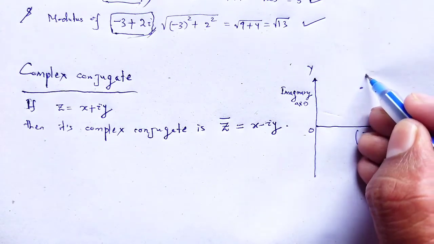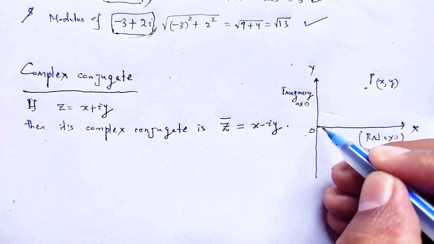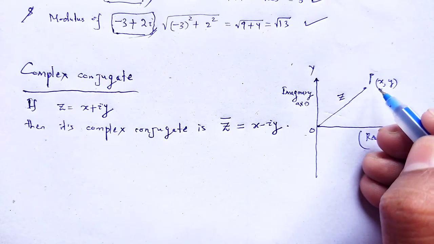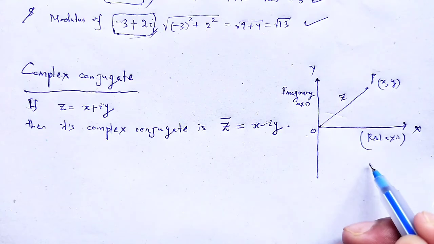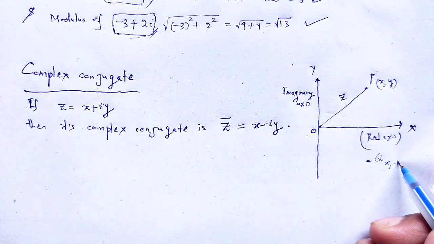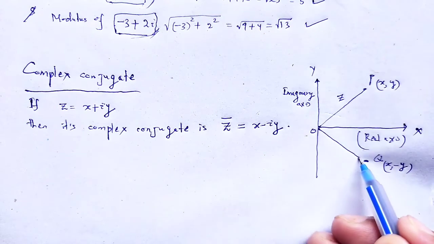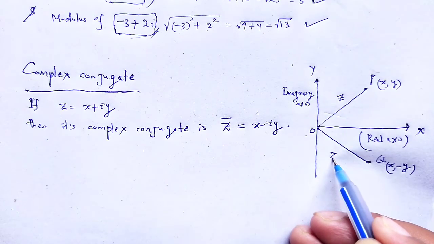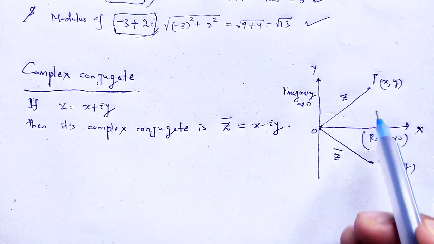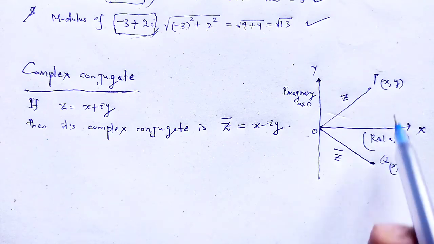So, if a point P having (x, y) represents a complex number z, that is x plus iy, then its complex conjugate is the point Q, here (x, minus y), z bar, which is the reflection in the real axis of that point (x, y).